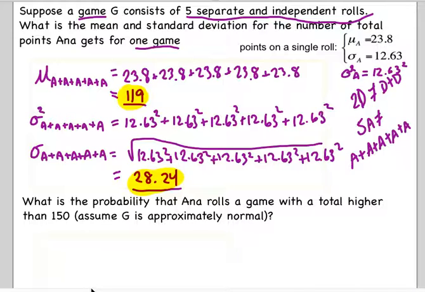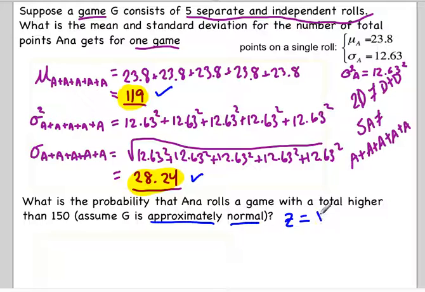Now it's asking, what is the probability that Anna rolls a game with a total higher than 150? And we're assuming that a game is approximately normal. Anytime you see this approximately normal business, you gotta think z-score. Look, we have the mean for a game and we have the standard deviation for a game.